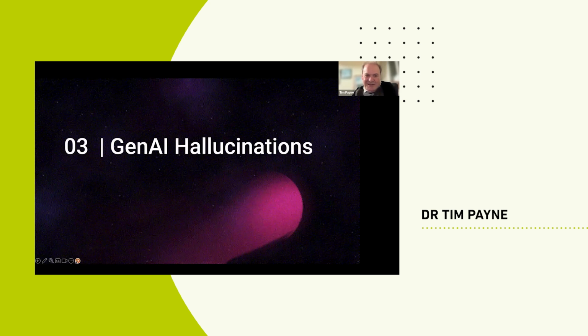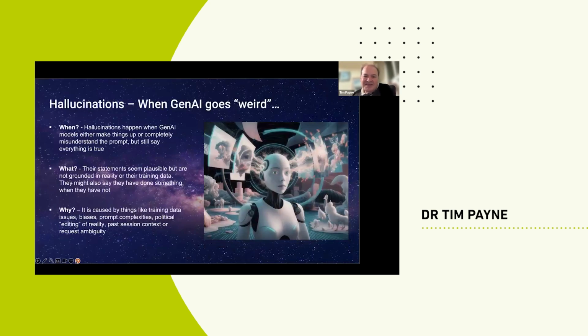Right, hallucinations. Hallucinations are to do with when GenAI gets weird. It often happens when a model either starts to make things up or completely misunderstands the question that you've asked. I usually see it a lot when it starts to make things up.